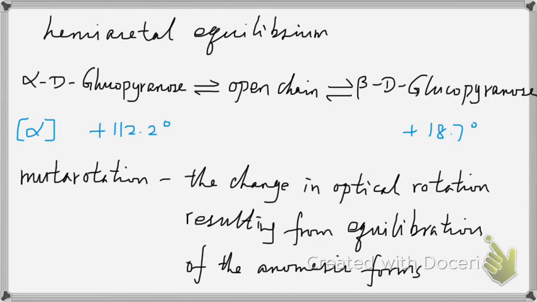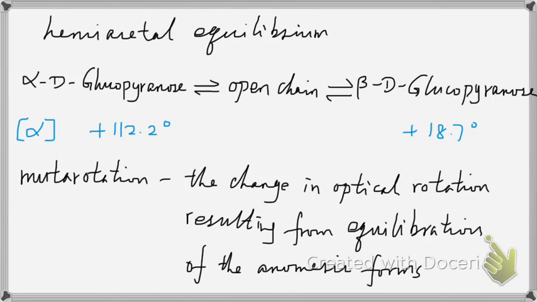which means the alpha and the beta forms are under equilibrium, and because they have different optical rotation, then the optical rotation may change if you put down one form.